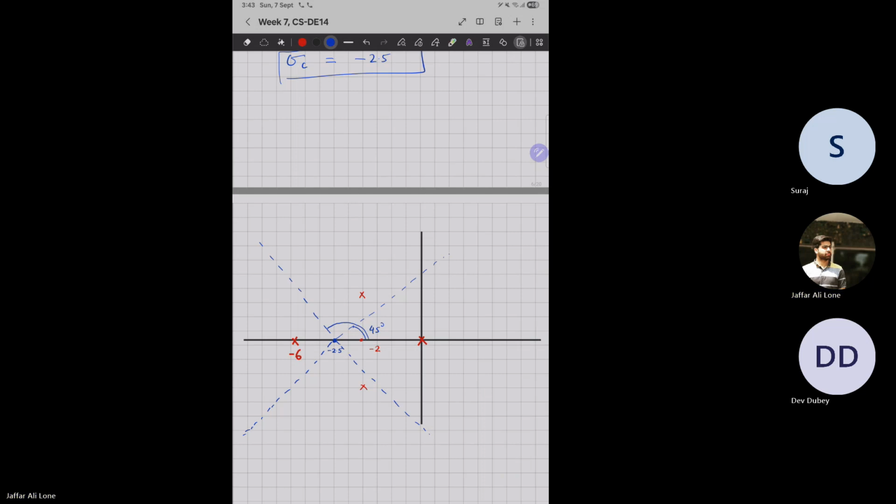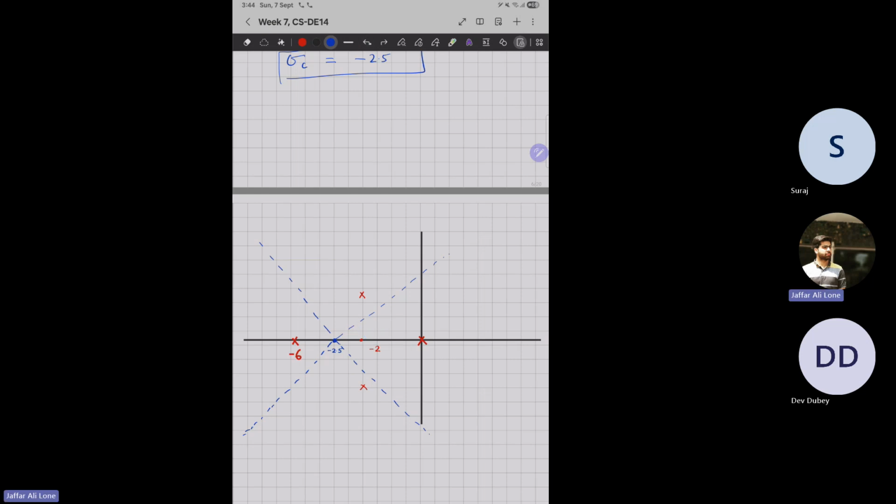Similarly, this is 135, and this is how much? 225, and then we have another one, which is 315 degrees. I'll not mark these angles, it's not looking good.